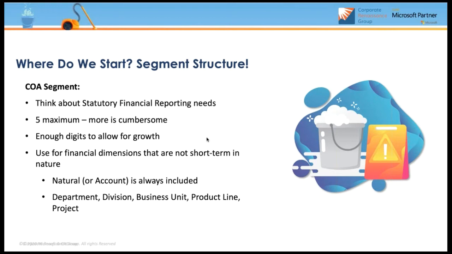It goes without saying your main account is always going to be a segment, but the other stuff you could say, well, project, gee, I could put that in analytical accounting, and you could. A department, you could put it in analytical accounting. But if those things are going to live with the company forever, if it's always going to be a key segment for financial reporting, I would put it in the chart of accounts segment.